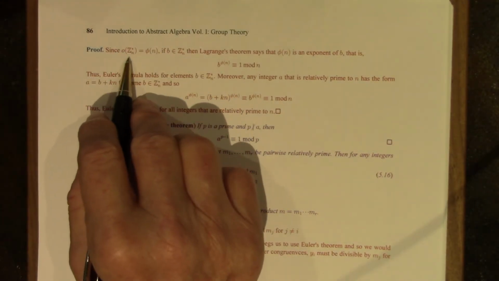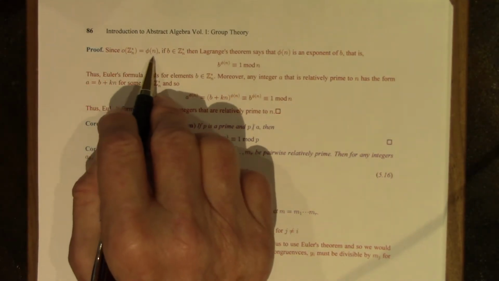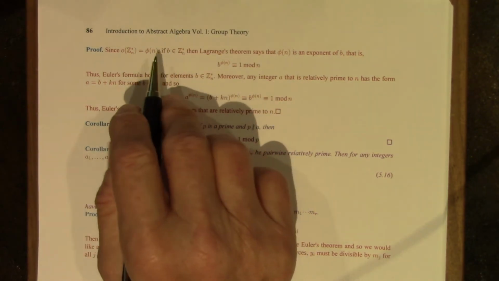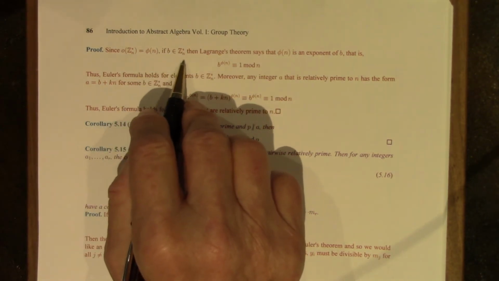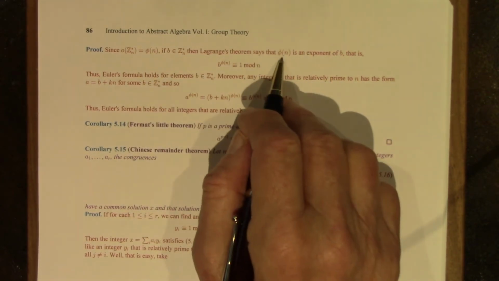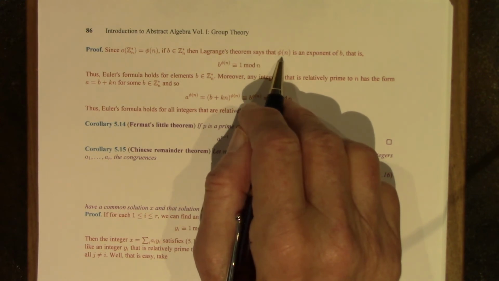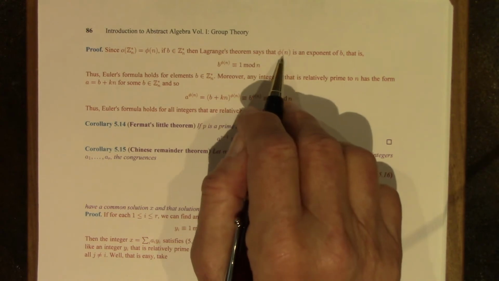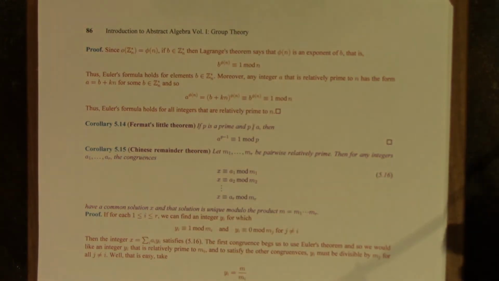The order of Zn star is phi of n. If B is in Zn star, then Lagrange's theorem tells us that phi of n is an exponent of B, because the order of B divides the order of the group, phi of n. So phi of n is a multiple of the order of B. That makes it an exponent of B.